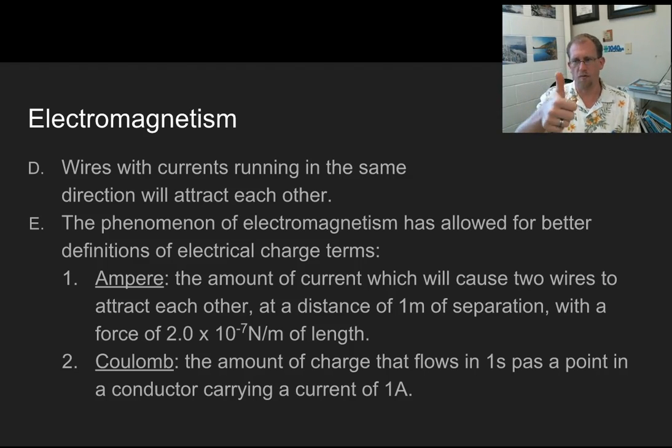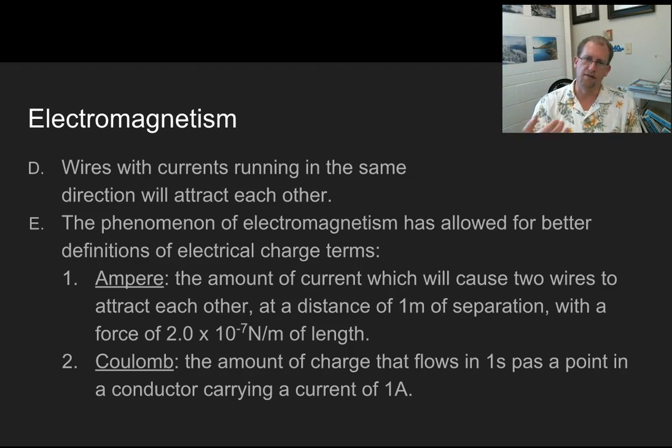So if I've got a wire moving up and another wire moving up next to it, then wire 1 is going to have fields going in this direction, and wire 2 is going to have fields going in this direction, and the loops will complement each other so that at one point the magnetic field is going like this around one wire and like this around the other wire, and those opposite magnetic fields will attract, and so the wires will want to slide together.